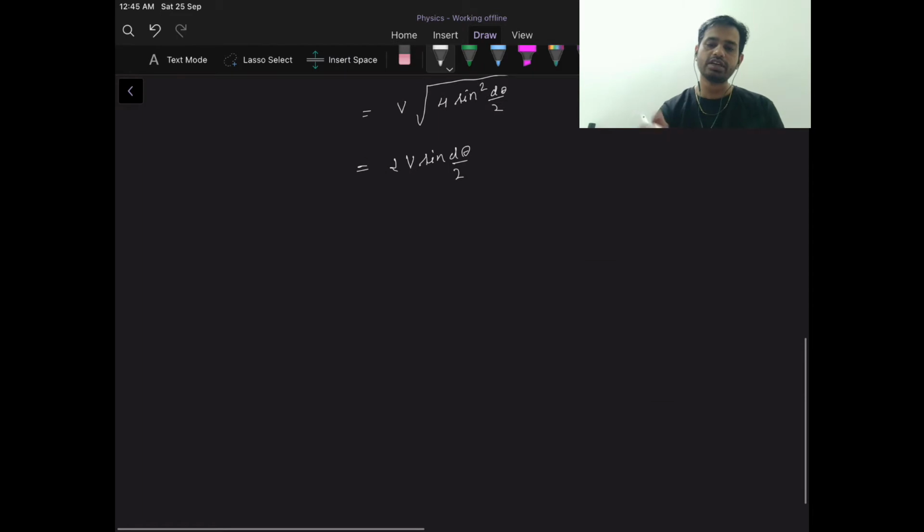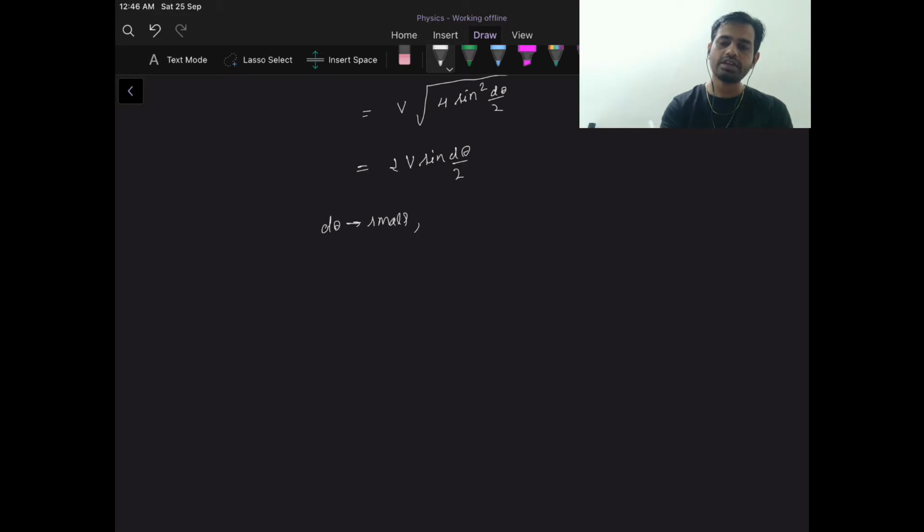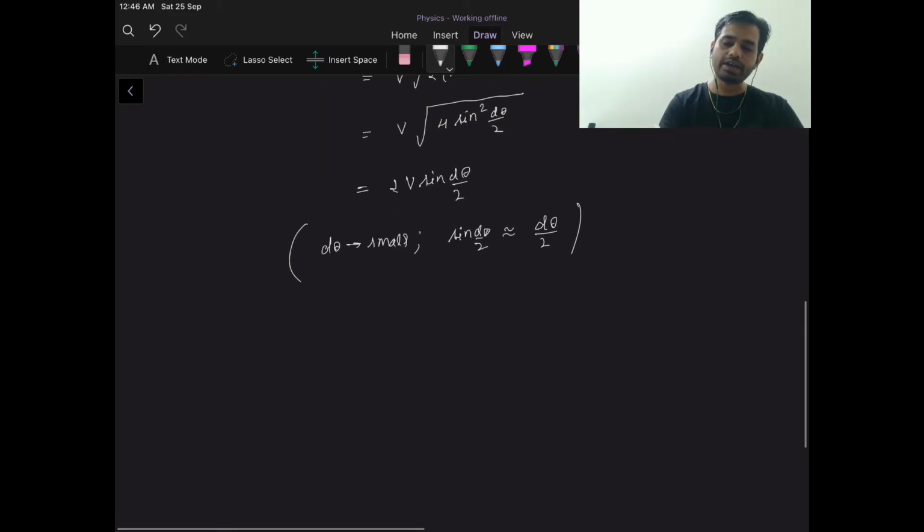So if d theta is small, in that case sine of d theta by 2 will be approximately equal to d theta by 2. Is this clear?